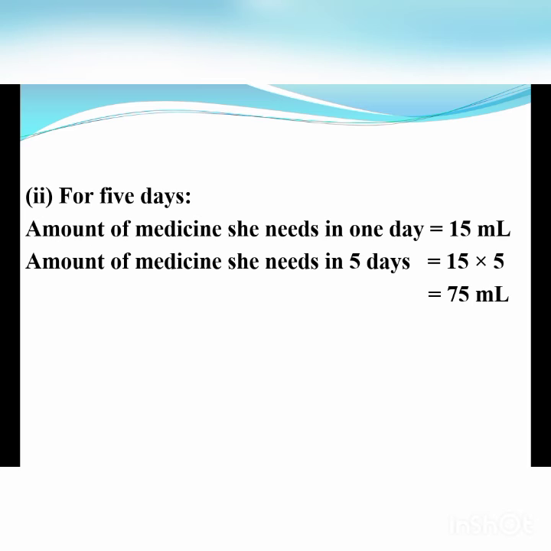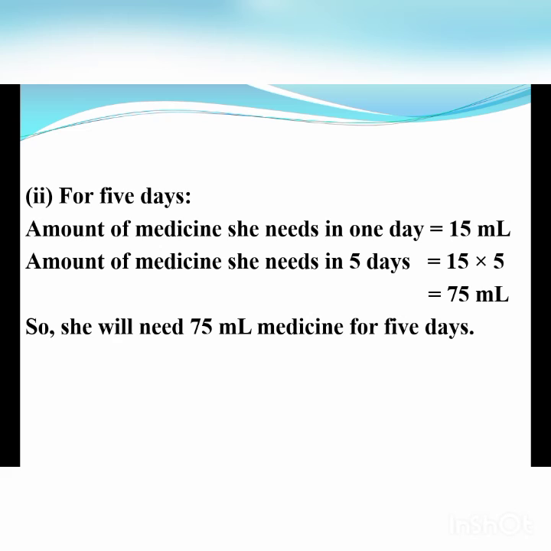And that is 75 milliliters. Here you can use the word capacity also instead of amount. So we can say she will need 75 milliliters of medicine for 5 days. Clear? Good.